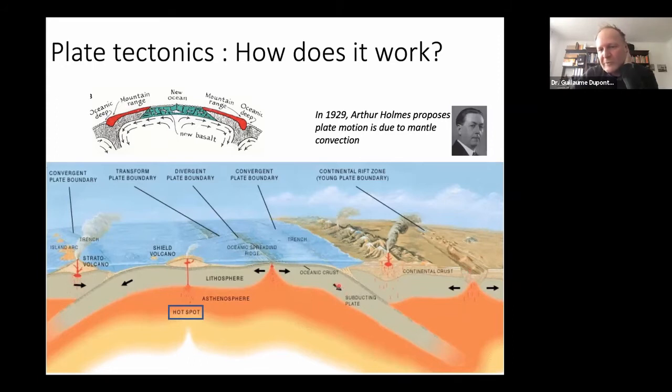So the slab is coming down, and maybe if the speed of the plates is going down, the slab might just hang down. It rolls back, and that takes the continental lithosphere above. It brings it towards the rolling back slab, and then you get this extension in the back arc, as it's called. Okay.